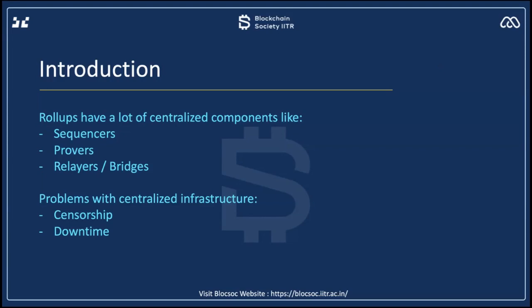So, what exactly is the problem with centralized infrastructure? There are basically two major downsides. One of them is censorship. Imagine that you submit a transaction to a sequencer, and the sequencer does not include the transaction in a batch. In the case of rollups, you can bypass the sequencer and submit the transaction directly onto layer one, but that requires you to spend a lot of gas, and you should not have to do that, right?